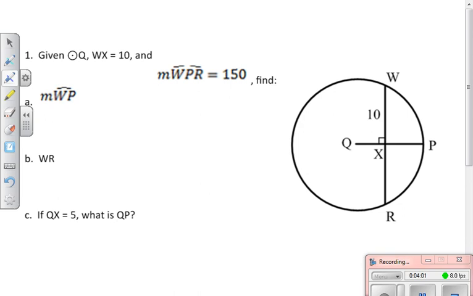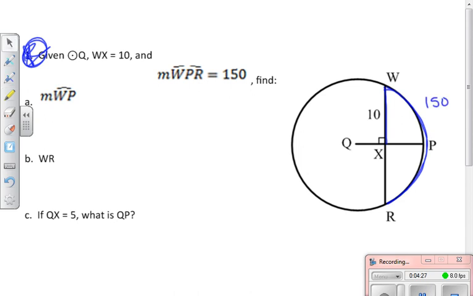And I would say of all the examples, this one is super, super important. So given circle Q, W to X, right here, is 10, and the arc WPR, so this arc right here, is 150.